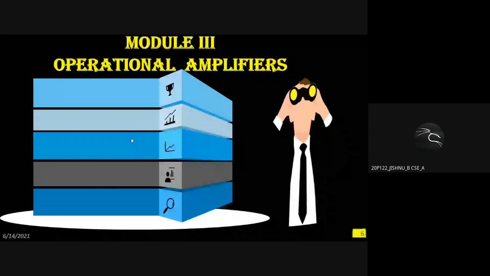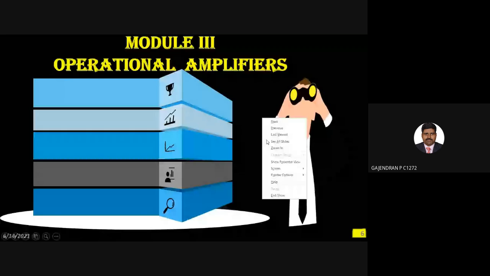Op-amp. Okay, so these are the different ways you can denote this particular IC. This is in the form of an IC. You can write it as OP hyphen AMP, or use the letters OP and P. So these are all different ways of representing this.